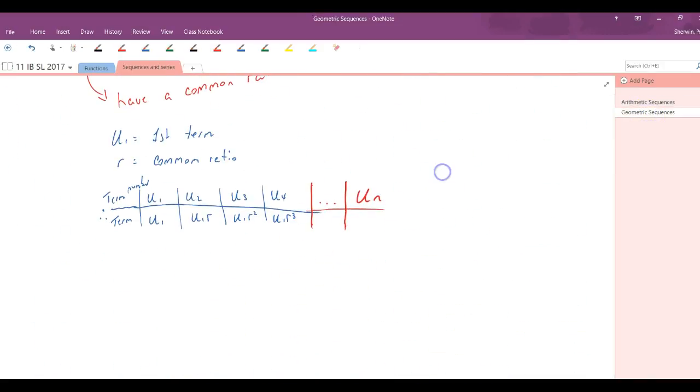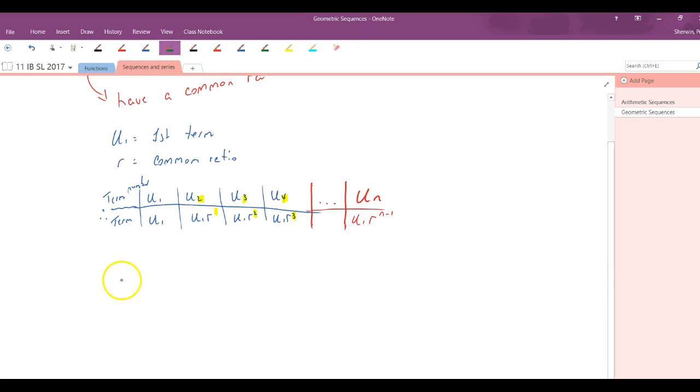So with geometrics, what is it? Look at this. We've got U2, look at the power of R. U3, have you spotted the similar pattern? It's always U1 by R to the power of one less than n. So how do I write one less than n? n minus 1. We've got ourselves another formula.